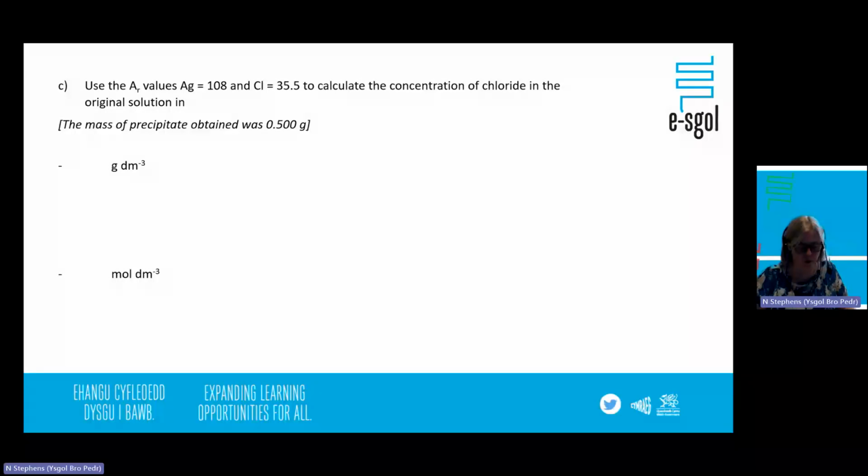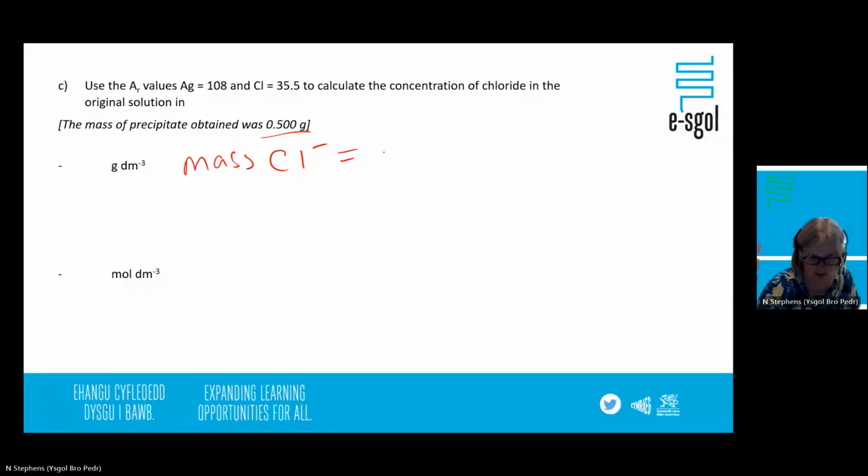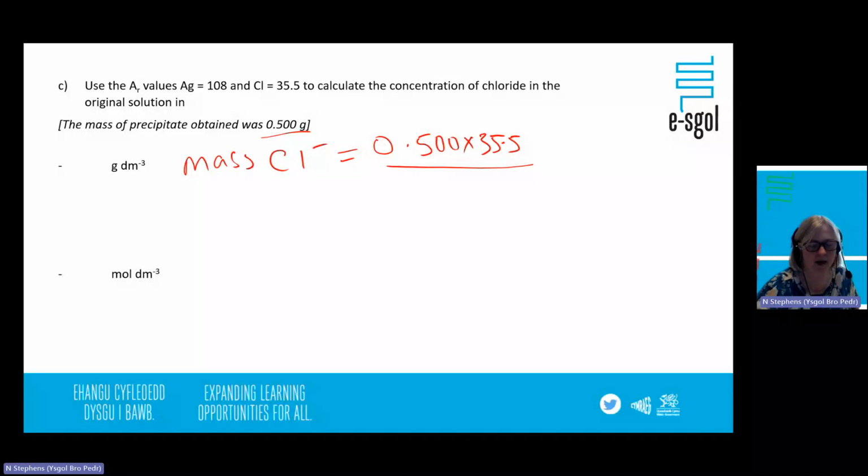But the first thing to do for this one is, if you think about the fact that in 0.5 grams, how much chlorine was that, or chloride then? So the mass of chloride, in this case, would be 0.500 times 35.5 divided by the molecular mass of silver chloride itself, of course, which adds up 108 and 35.5 to give you a mass of 143.5.